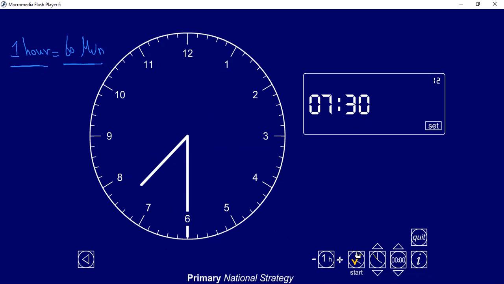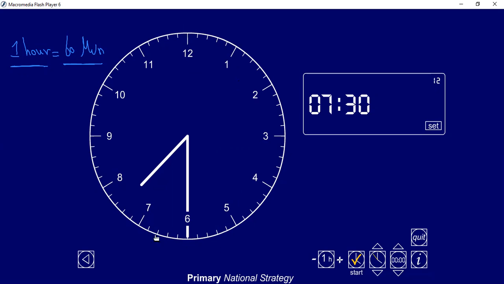If you look here, you will find that the hours hand is between 7 and 8. It should be the lower one, the smaller one, which is 7, and the minutes hand is 5, 10, 15, 20, 25, 30.